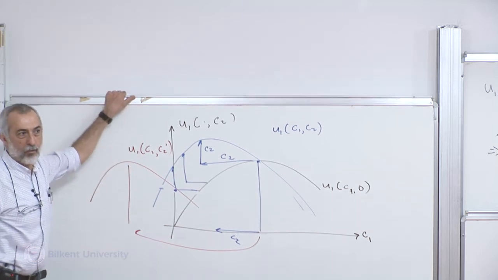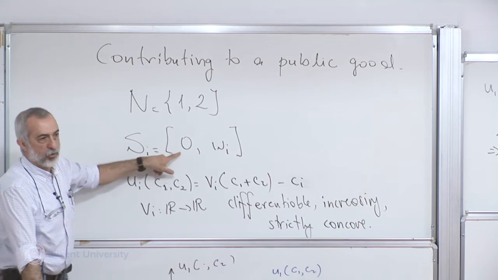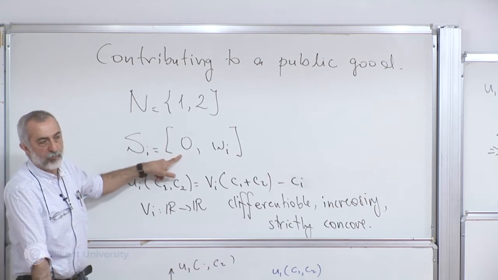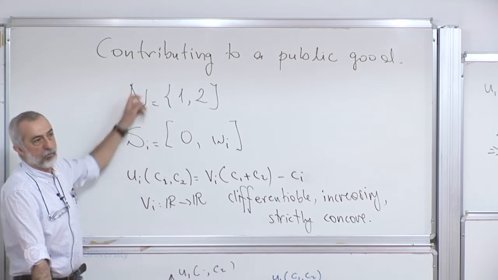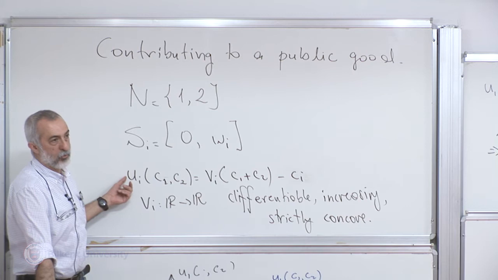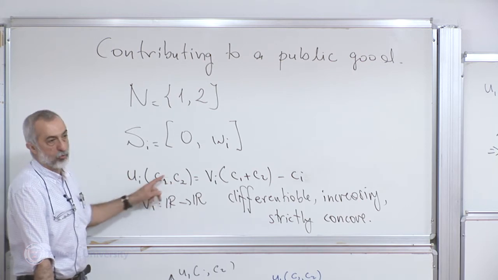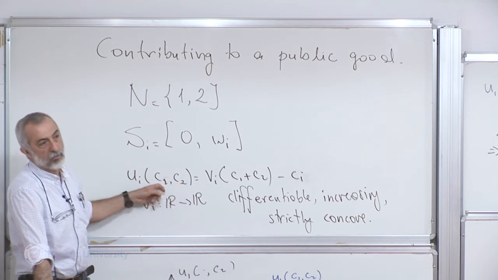By the way, last lecture, let me just repeat that fast. We noticed that the strategy set of each player is compact and convex, and the preferences of the agents have a numerical representation which is continuous in both components and quasi-concave in c1.